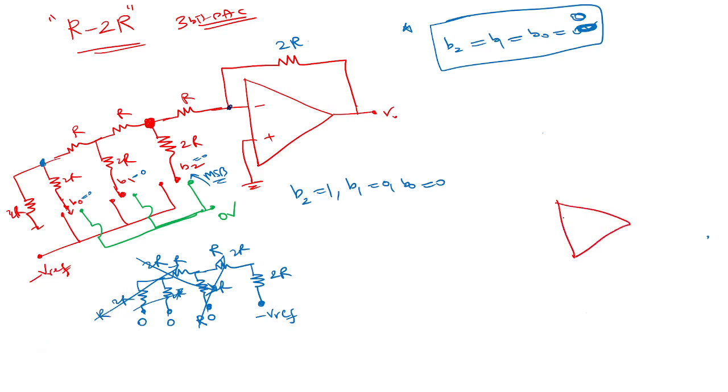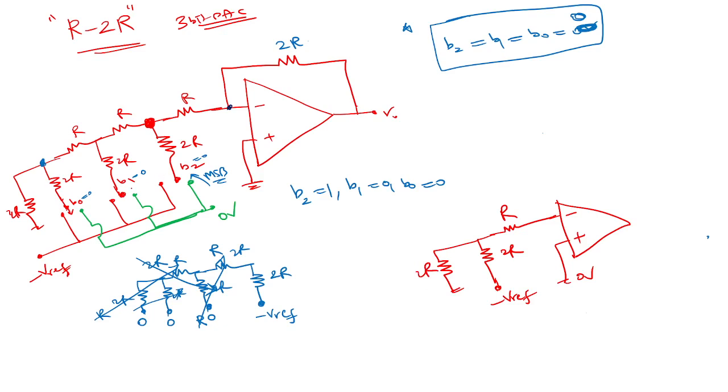The equivalent circuit I'm drawing now. There is R here. There is 2R. This is connected to minus V reference. And this goes to 2R. One can quickly do that.